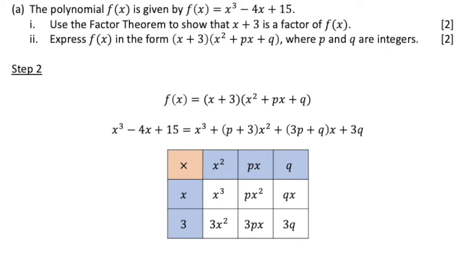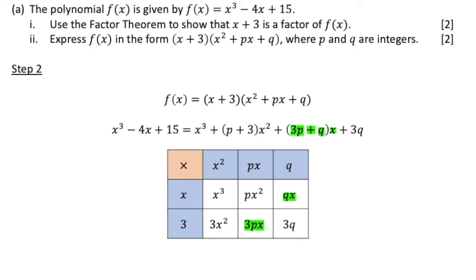And again, I'll match them up with the answer that I claimed in the line above. There's my x cubed. These 2 terms together both have x squared, so I've got p lots of x squared plus 3 lots of x squared. So I've tidied that up to write it p plus 3 x squared.